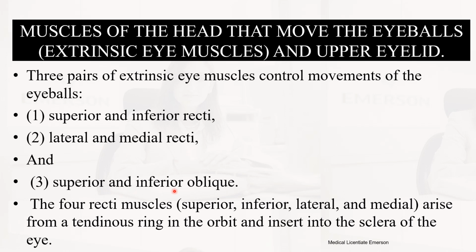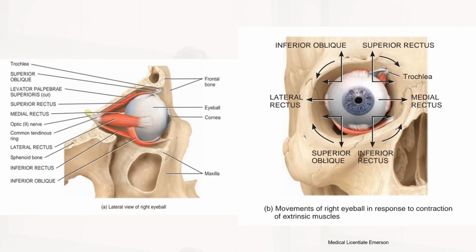Number three, the superior and inferior oblique muscles. The four recti muscles, meaning the superior, inferior, lateral, and medial, arise from a tendinous ring in the orbit and insert into the sclera of the eye. These are the four recti muscles involved in the movement of the eye, and they are extrinsic muscles.